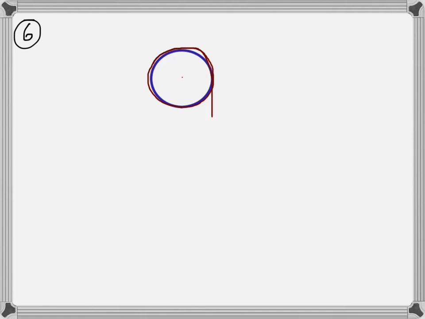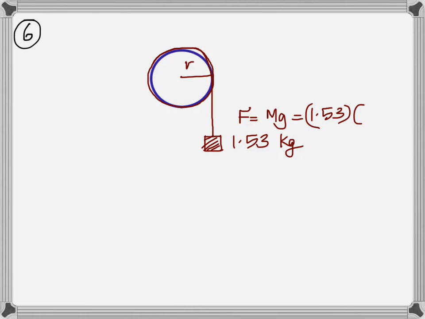All right, number 6, here is the diagram. That's the disk. That is the mass that is hanging there, 1.53 kilogram. The force is mg, which is 1.53 times 9.8, gives you about 15 Newton.